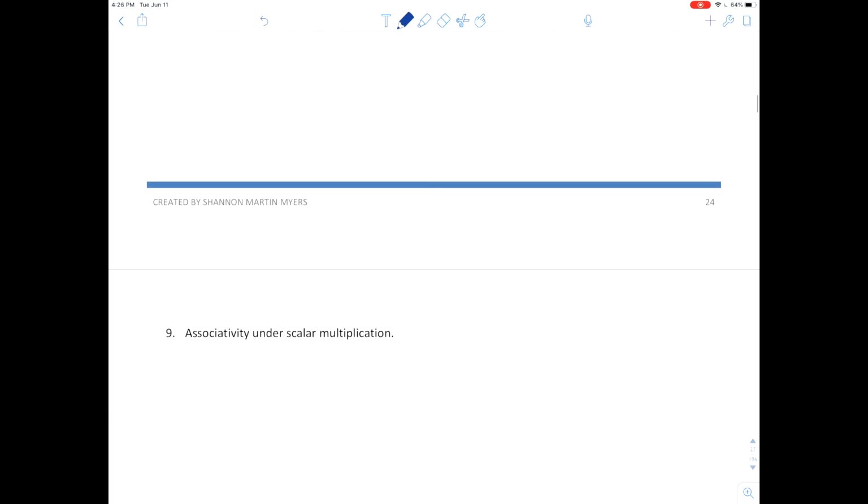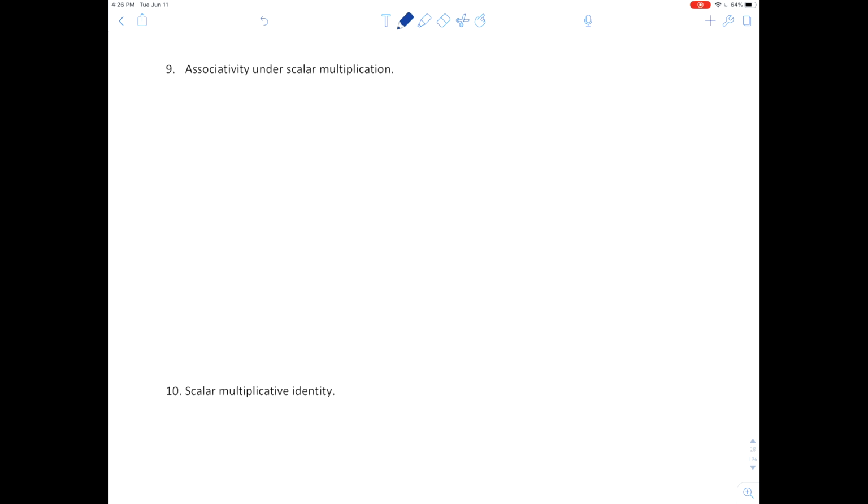Groovy? All right. Next up, associativity under scalar multiplication.